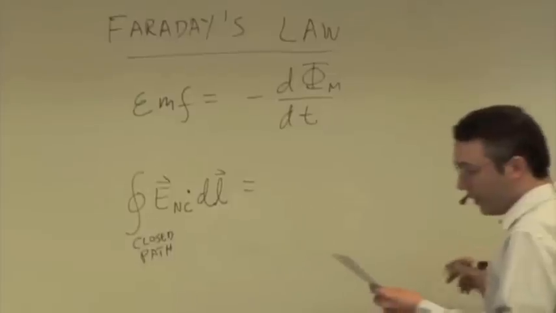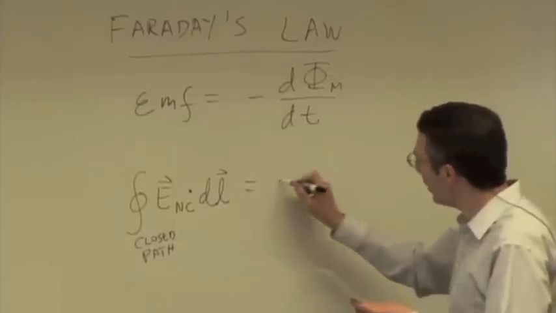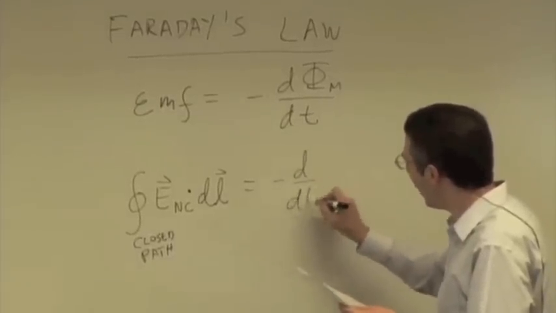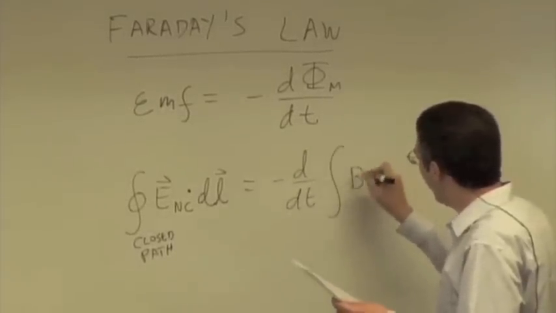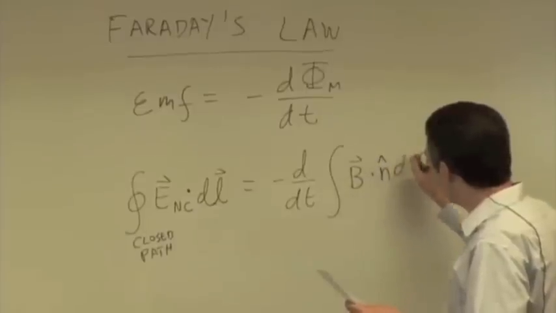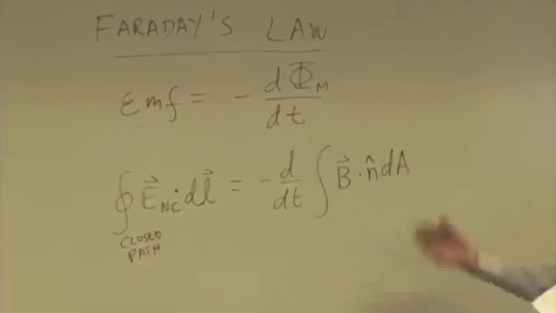Integrate the electric field around the closed path, and you will get the same thing as the rate of change of the magnetic flux through the area bound by that path.